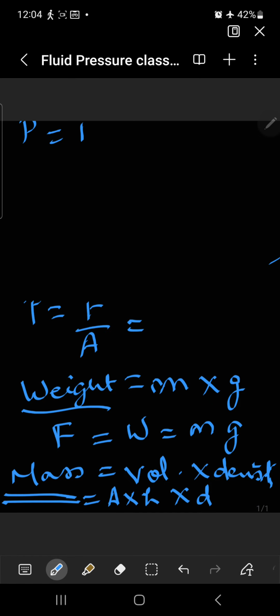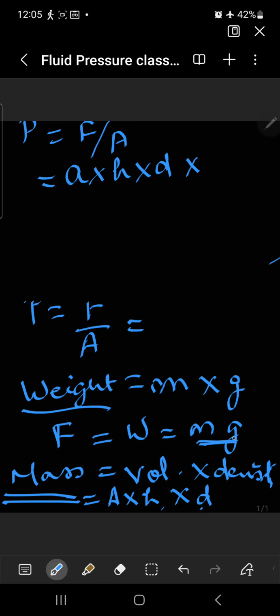Now see the formula which we had taken, P equal to F upon A. This F is the weight of the liquid or the fluid, which is equal to mass into gravity, and mass is A into H into D. So we can write in the place of F, area into height into density, and we have to include gravitational acceleration also, F equal to m into g.